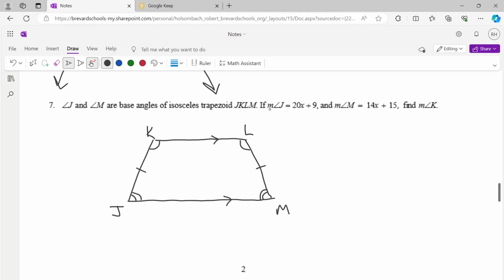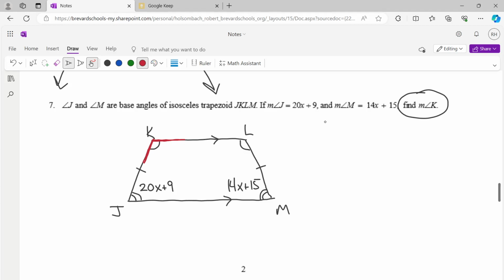But here's where we got the measure of angle J is 20x plus 9. And the measure of angle M is 14x plus 15. You need to find the measure of angle K. And angle K is up here. So the first thing we're going to do is solve for x.